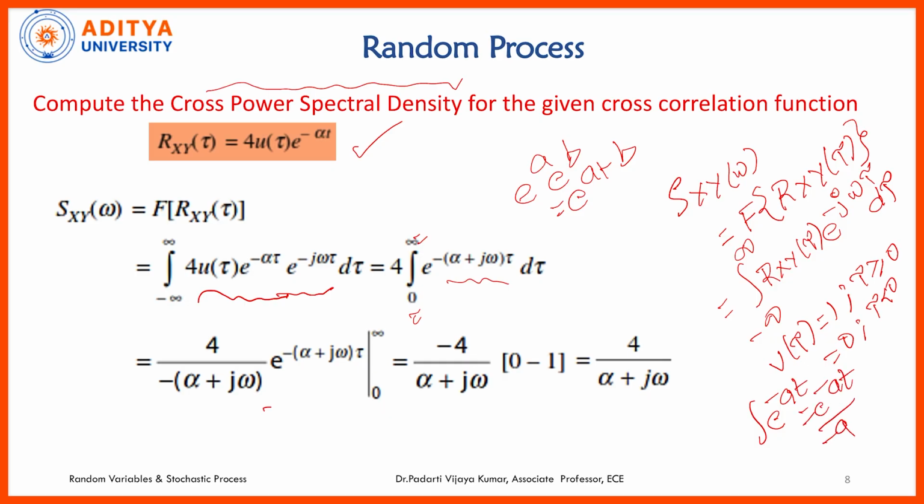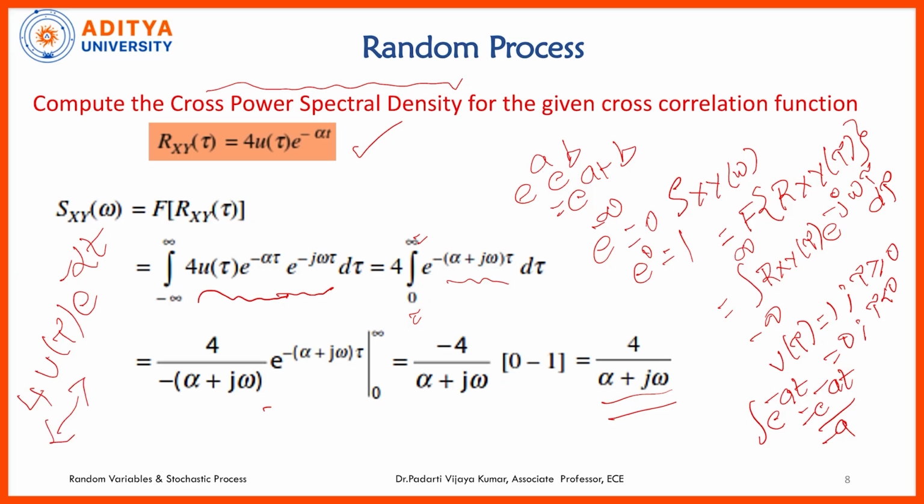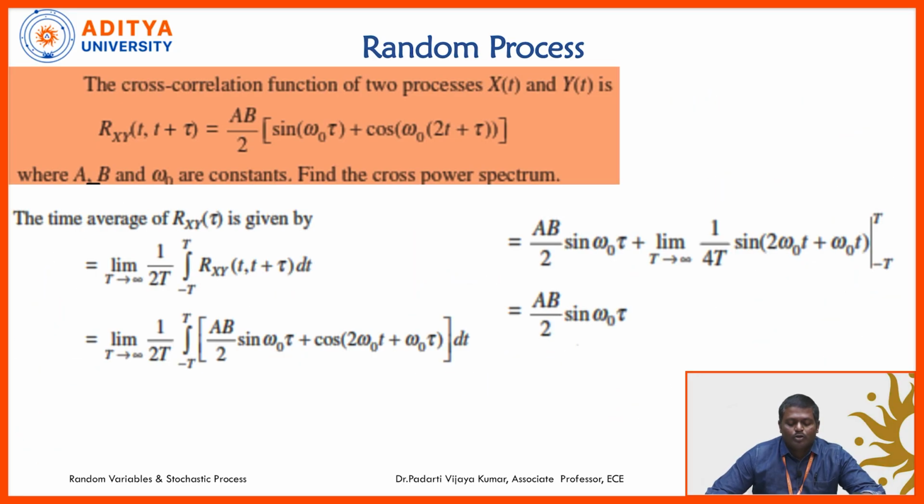Substituting the limits, e power minus infinity is 0, e power 0 is 1. So what is the answer we got? 4 by alpha plus j omega, and the Fourier transform of 4 into u of tau e power minus alpha tau is equal to 4 by alpha plus j omega. So this is a very simple problem. Next we will see one more problem.